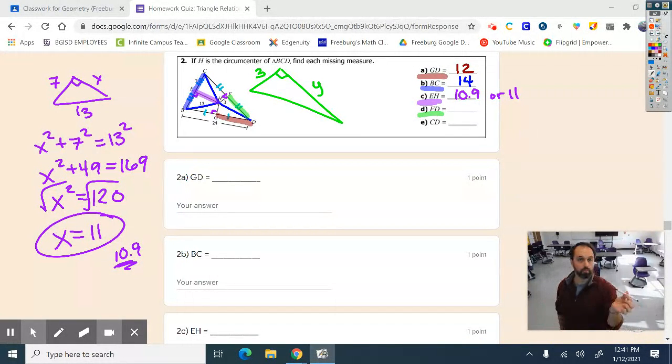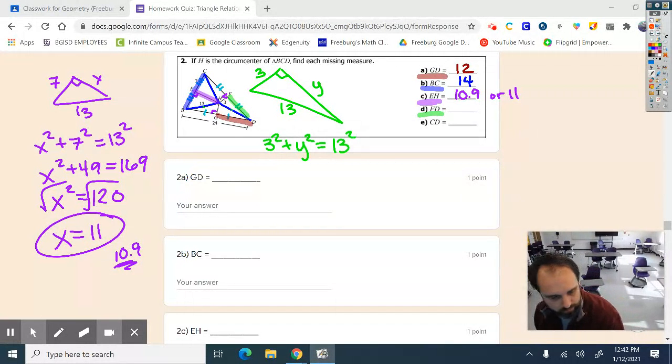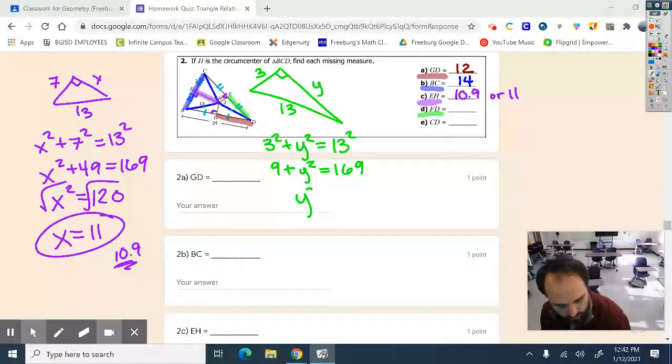And then keeping in mind our property, we're equidistant to the vertices. So this part was 13. This part is also 13. And so now we have our 3 squared plus y squared equals 13 squared. 9 plus y squared equals 169. y squared equals 160.